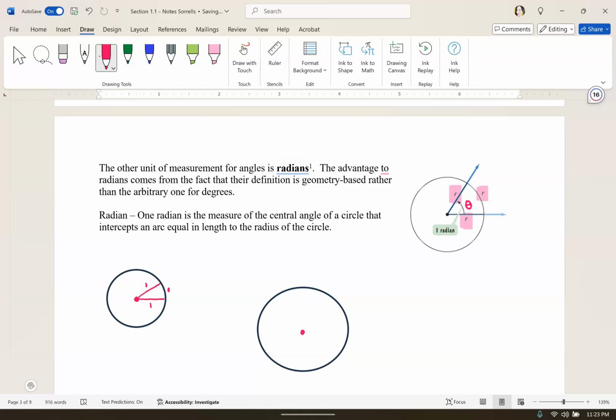If this circle over here had a radius of 5, it would open up until that arc length was a 5. I kind of drew that not to scale, a little too high there. Maybe like right there, I don't know. I'm terrible at sketching them. But it's going to open up until it captures that 1 radius.